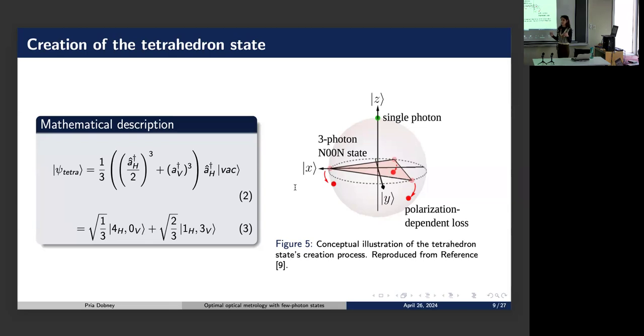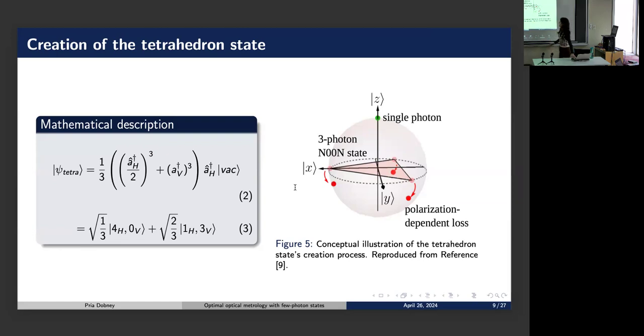That's the same thing that I introduced at the beginning of the talk, but this time n is 3, we have 3 photons. And then for our 4th photon, we interfere it with a single horizontally polarized photon. And that creates our 4-photon state. If you were to write it out in terms of annihilation and creation operators, for the 2 modes, horizontal and vertical polarization, acting on the vacuum, that's its Majorana representation on the Bloch sphere.